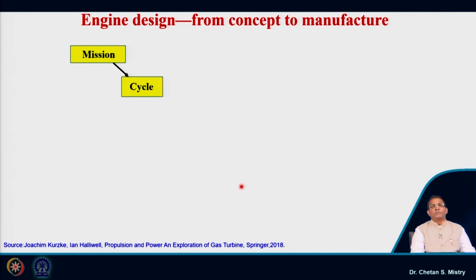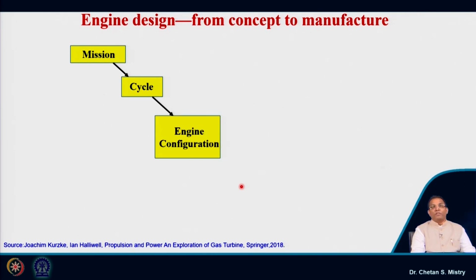Now, based on this mission, the very first thing engine manufacturing and design companies do is the cycle analysis. So, you can understand that in the mission I am looking for a specific thrust, and a specific thrust to weight ratio. In order to meet this requirement, we need to go with basic thermal cycle analysis, where we consider our engine as a black box at the initial stage.